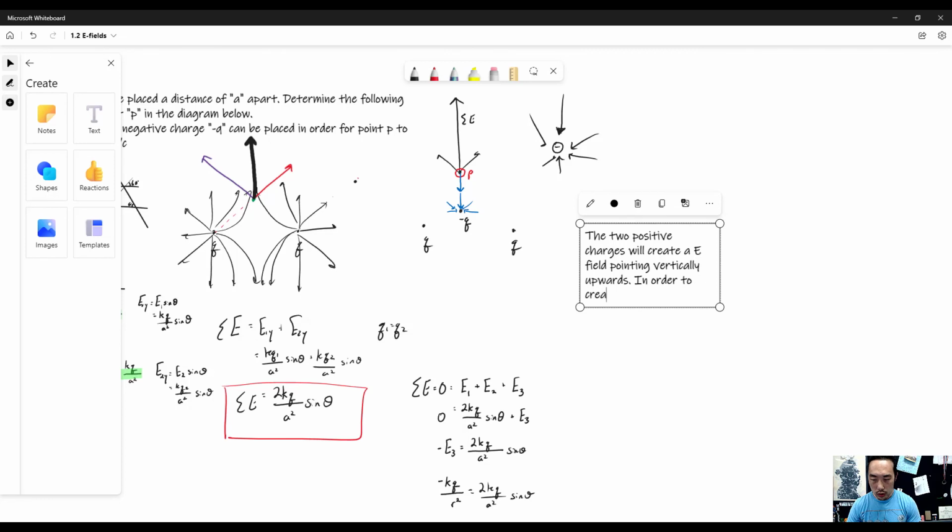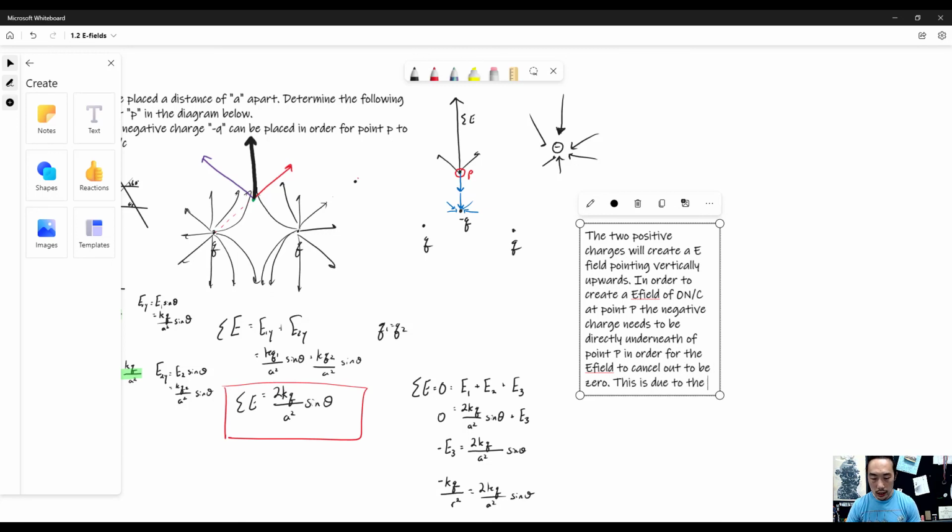In order to create an E field of 0 Newton coulombs at point P, the negative charge needs to be directly underneath point P in order for the E field to cancel out to be 0. This is due to the downward E field from the negative charge at point P.